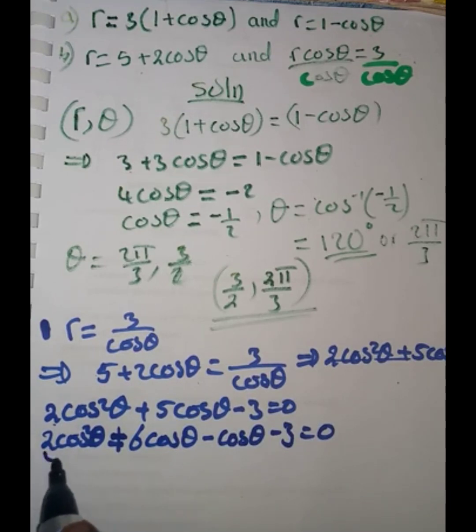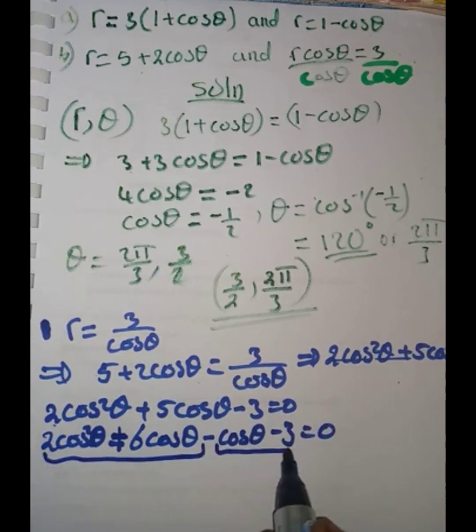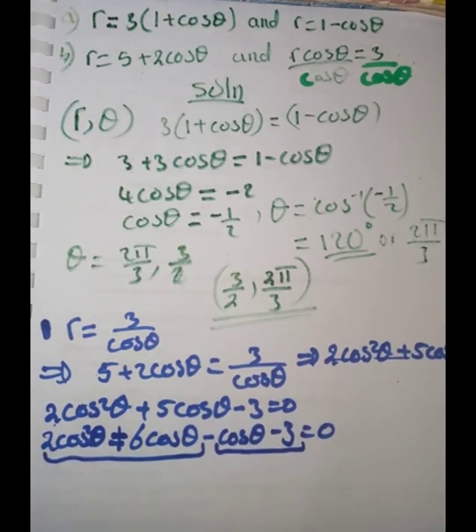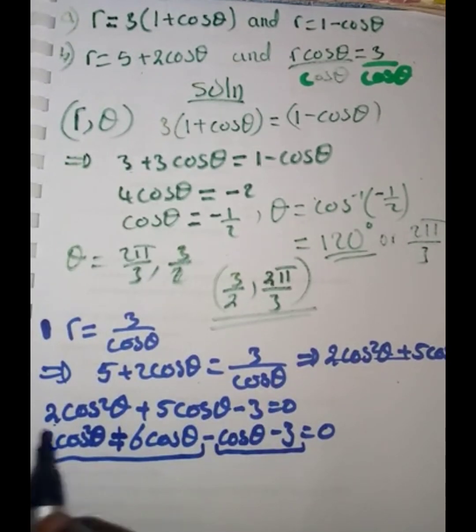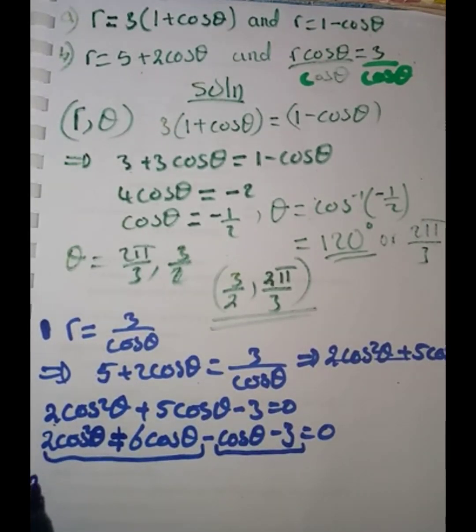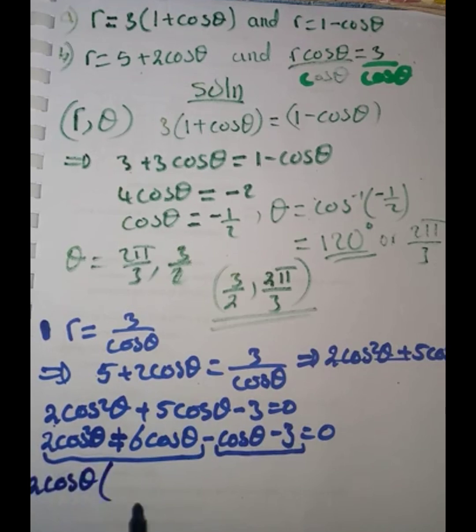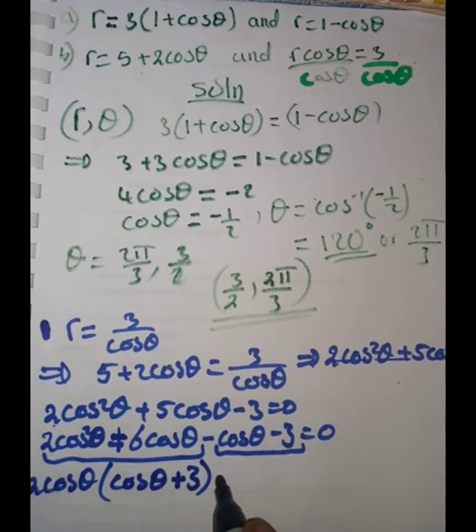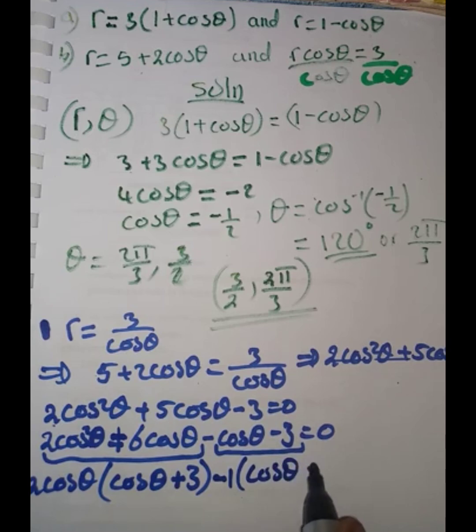So I'll group the terms and factorize. I'm going to have 2 cos theta outside, into cos theta plus 3, that now minus 1 into cos theta plus 3.